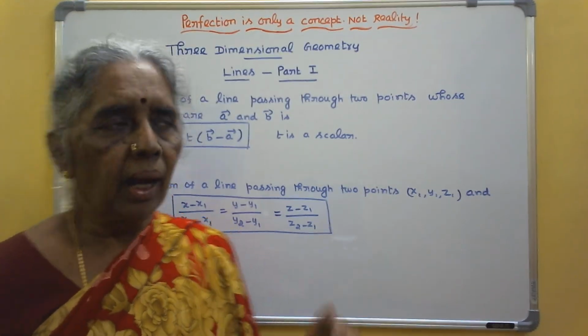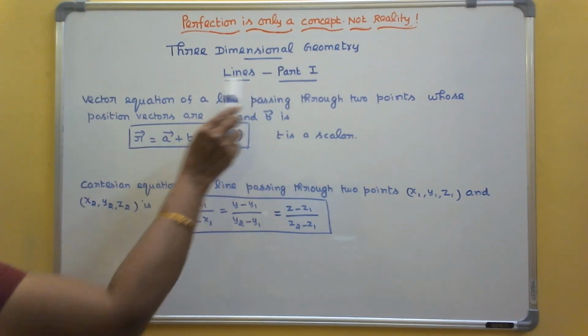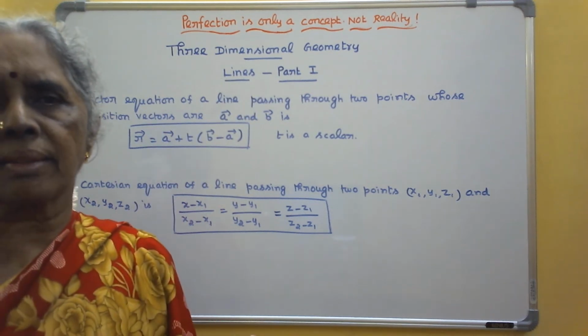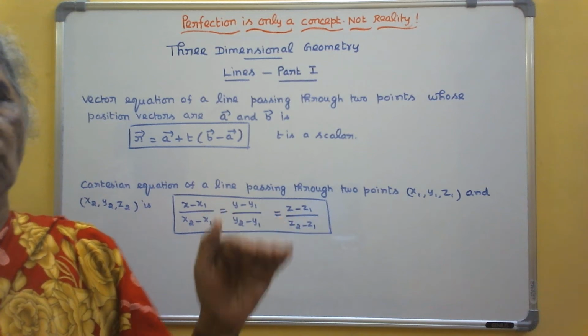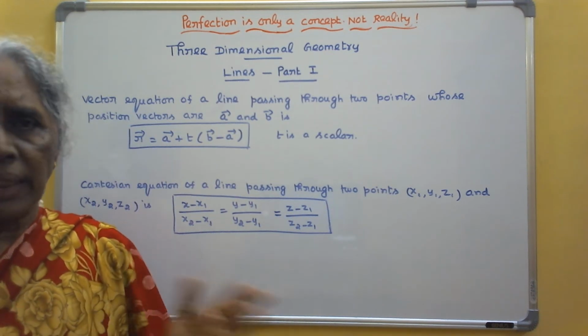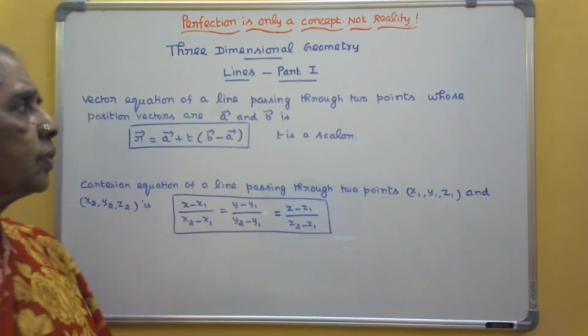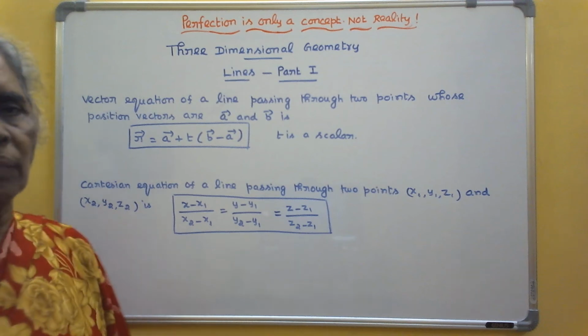Now, other two formulae, okay? That is vector equation of a line passing through 2 points whose position vectors are a vector and b vector. So here you don't know the direction ratios, you know 2 points whose position vectors are a vector and b vector.